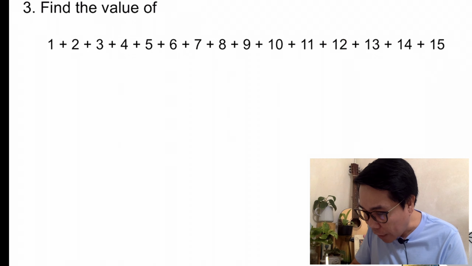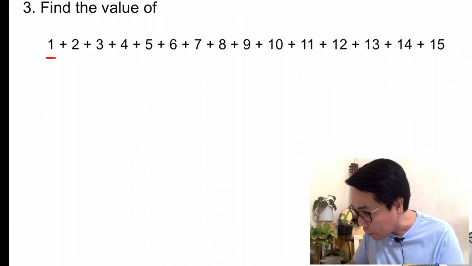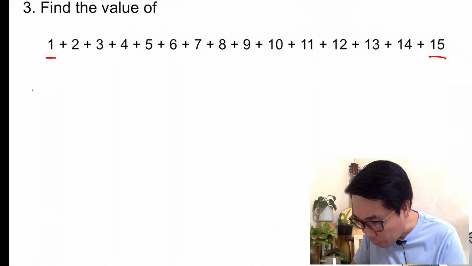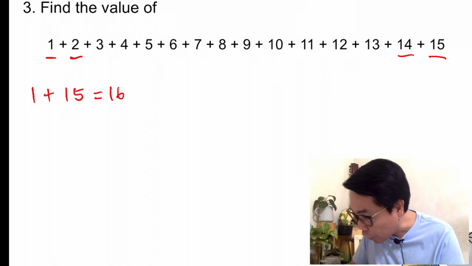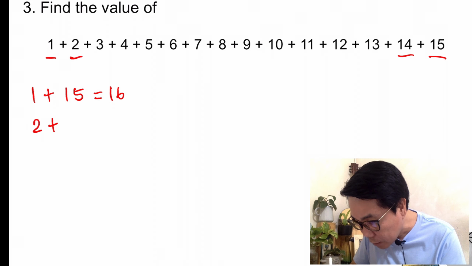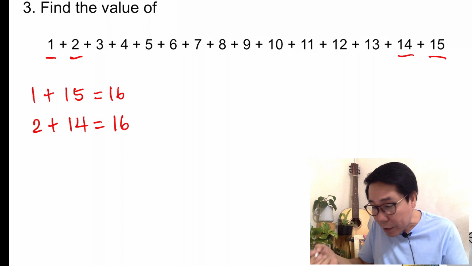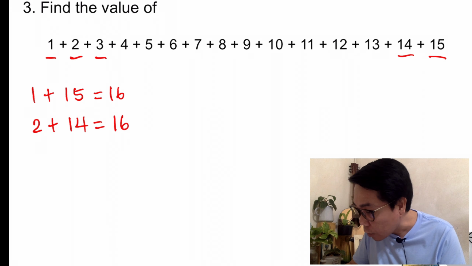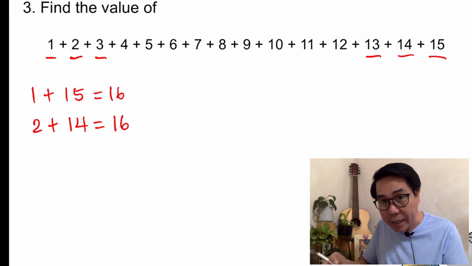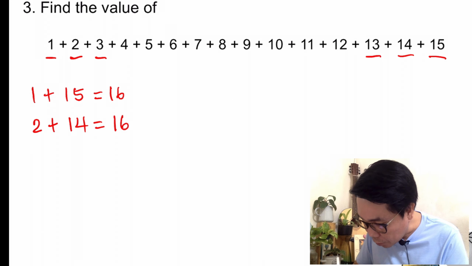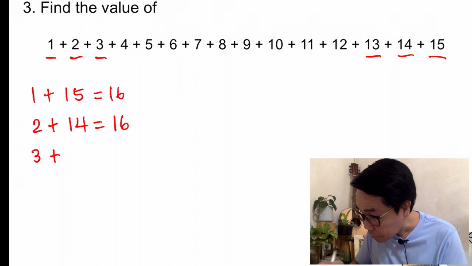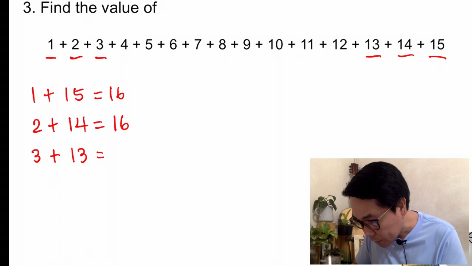The same thing. We take the first number and the last. So we have 1 plus 15 equals 16. We have 2 and 14, so 2 plus 14 is still 16. Now we're going to continue to find out what number doesn't have a partner. So we have 3 plus 13 equals 16.